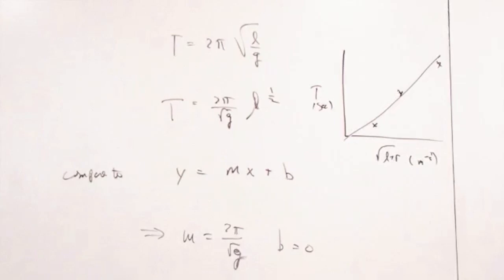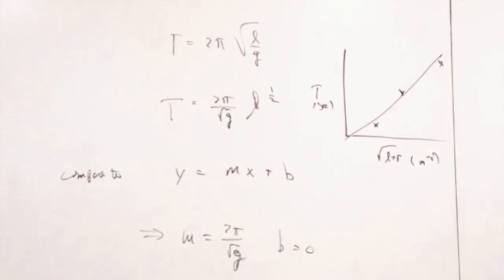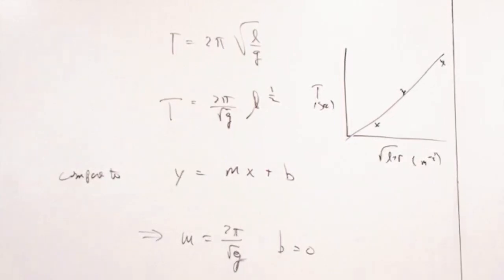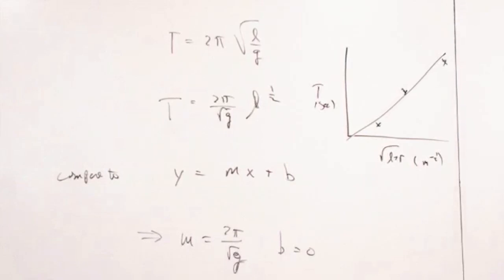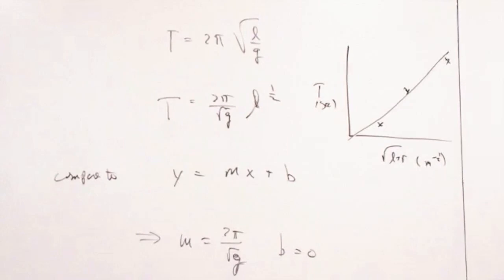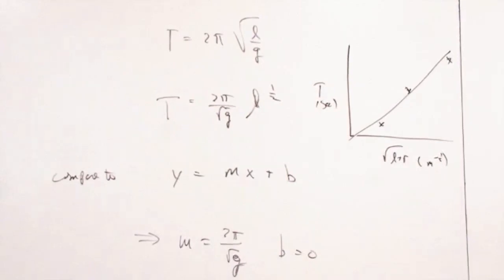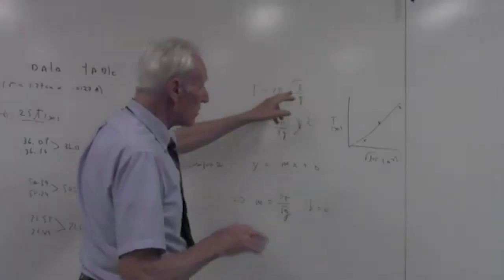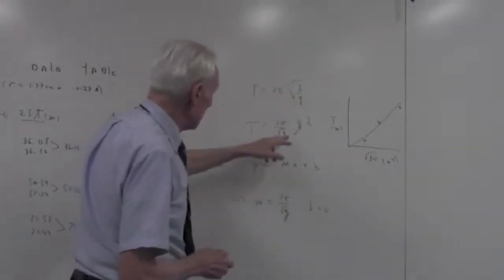just for ease of comparison's sake, I see that x, of course, is the square root of the length. That is the length plus the radius, as we know. So I should have written that as the square root of L plus R there, but you know what I mean. This is the ideal simple pendulum length.